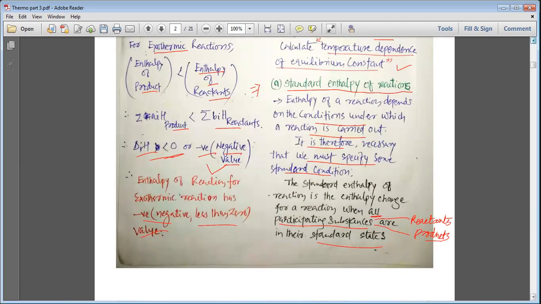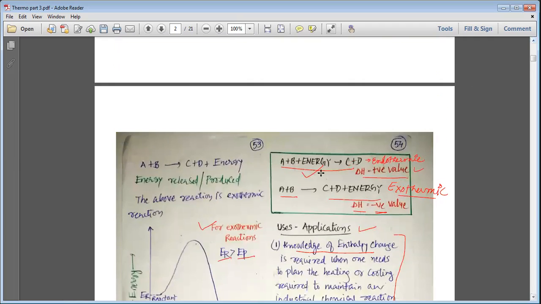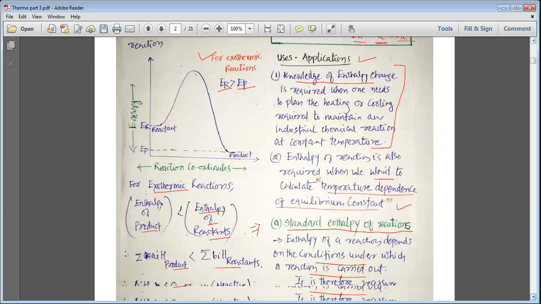So we can easily summarize that for endothermic reactions, delta H will have a positive value, but for exothermic reactions, delta H will always have a negative value. If we look at the applications, if we know the enthalpy of reactions, we can easily understand that during a chemical process, if heat is released, we need to cool to maintain a constant temperature.